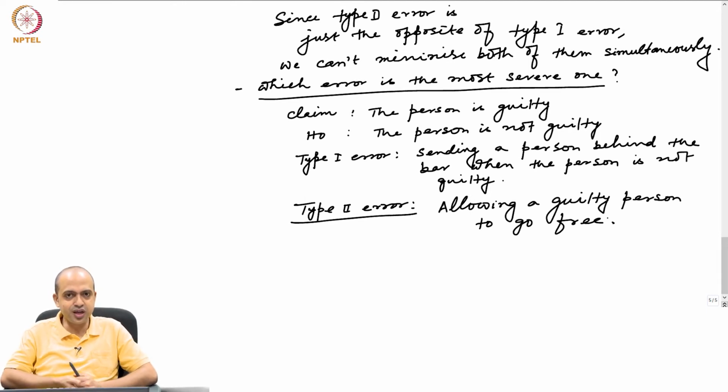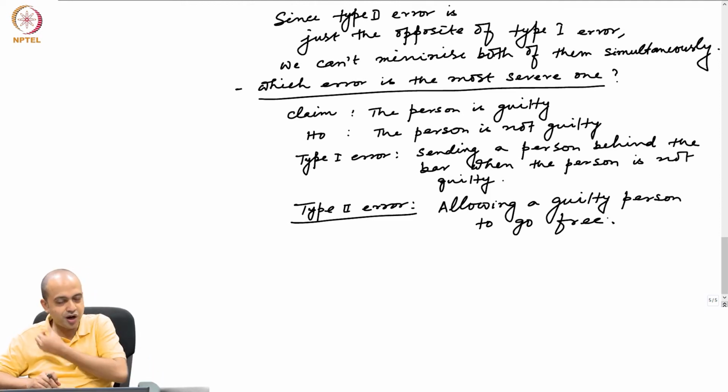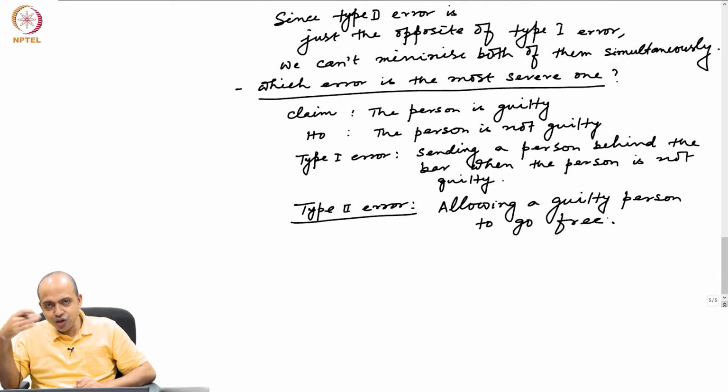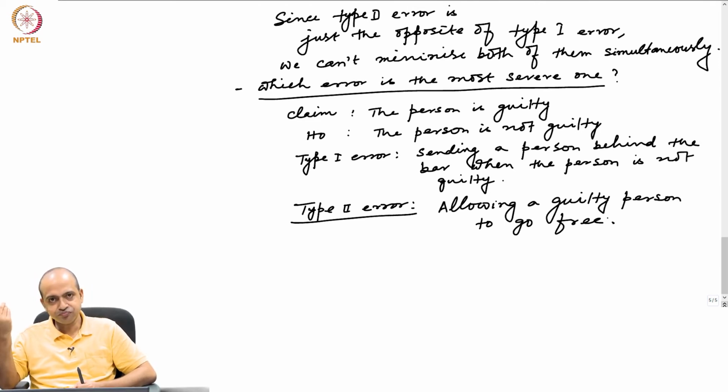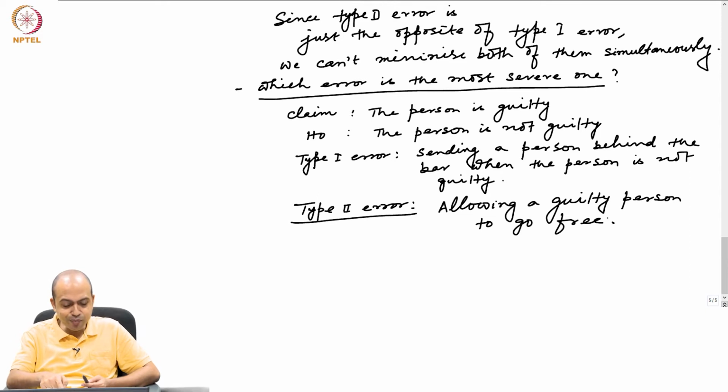Because in the first case, you are not only sending an innocent person behind the bar, you are allowing the actual guilty also to go free. This person is caught out of the suspects, but the person who is actually guilty is moving around. So, we can say the type 1 error is actually twice as severe as the type 2 error.